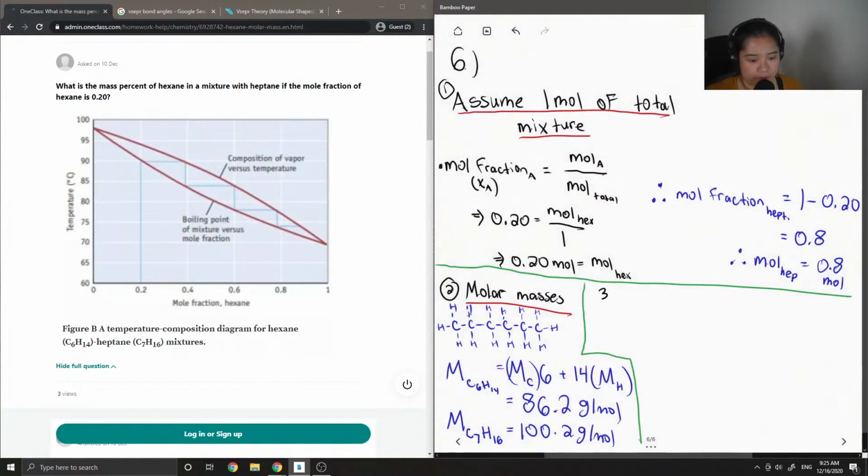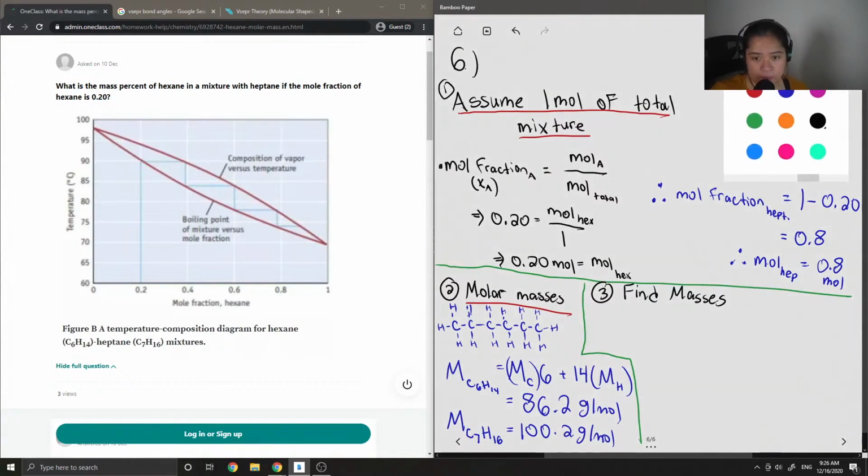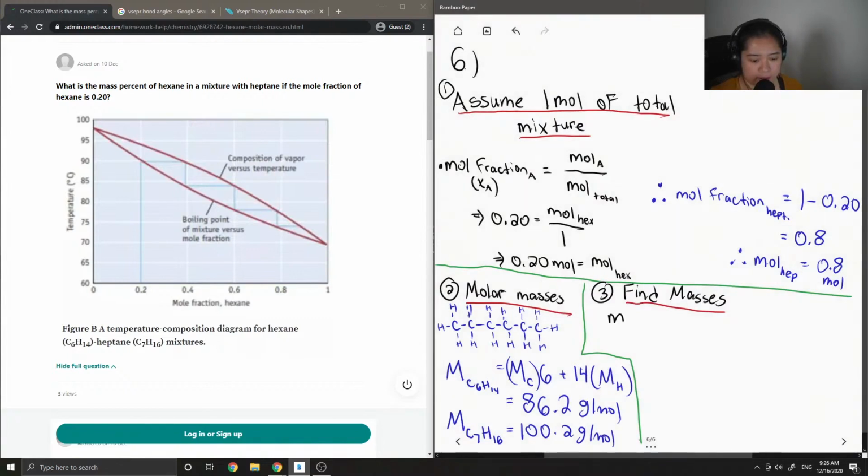So step 3, now that we have the number of moles and the molar masses, we just need to find the total masses of both of the gases. Let's recall that mass is equal to the number of moles times the molar mass.